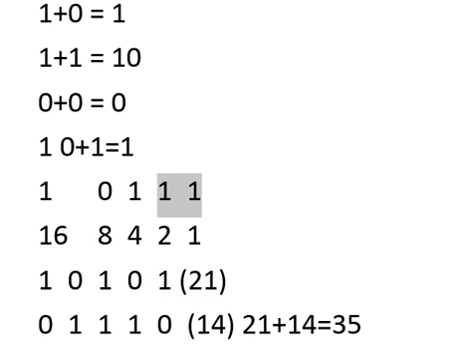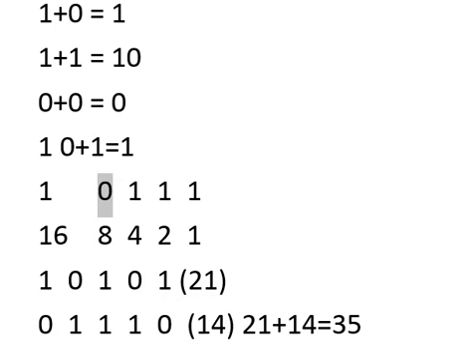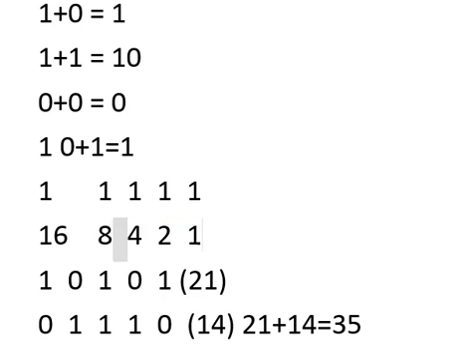So we only add these three and this together. We don't include this because it's not equal to 1. If that was equal to 1, we'd add all of them together, which would mean we would add 16, 8, 4, 2, and 1 together, which is equal to, so what's 8 plus 4 is 12, 15, so 31, yeah, 31.